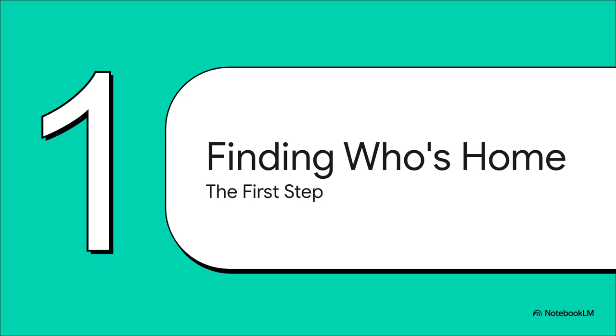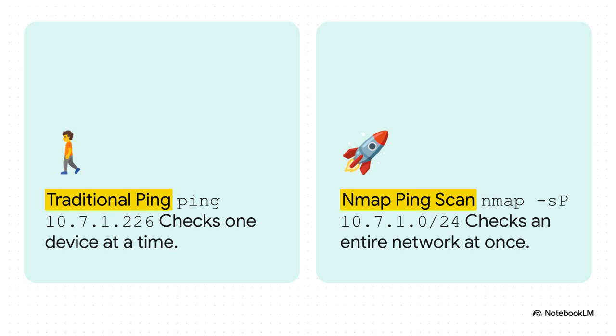Okay, so how does a digital detective even start? Well, the very first step is just to figure out who's around. You gotta see who's on the premises. For a network, that means finding all the devices that are actually online. Now, sure, you could use the old school ping command to check on one computer, but what if you have a network with like 250 different devices? Pinging them one by one would take forever. That's where Nmap just shines.